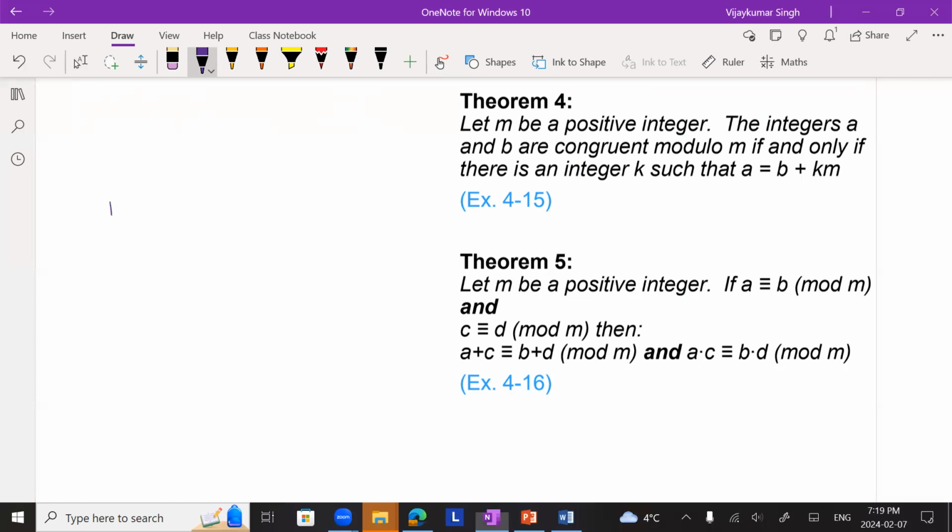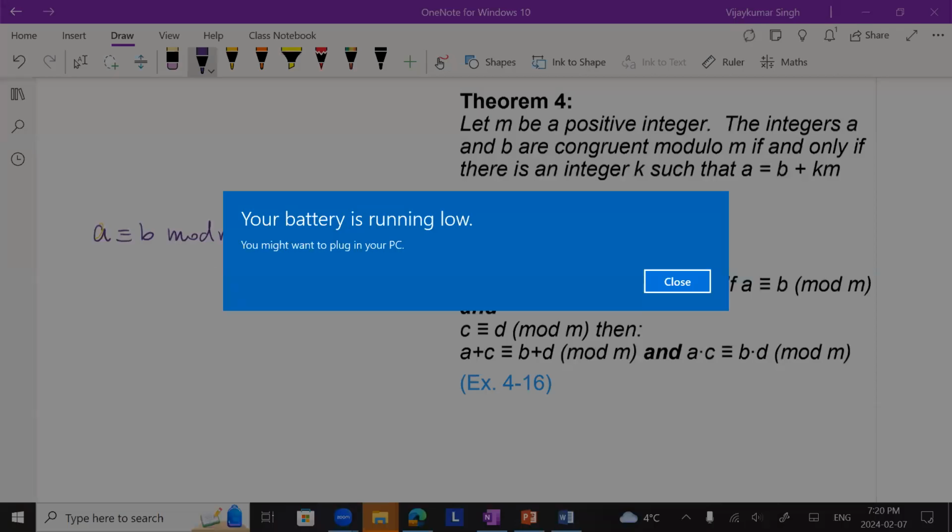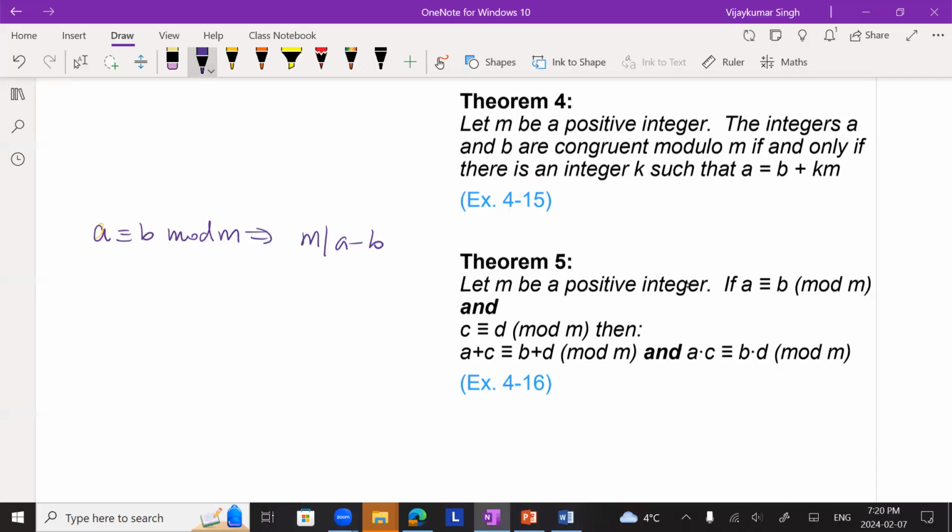That means M divides A minus B. So I have A is congruent to B mod M implies M divides A minus B. Here I have C is congruent to D mod M. This means M divides C minus D.